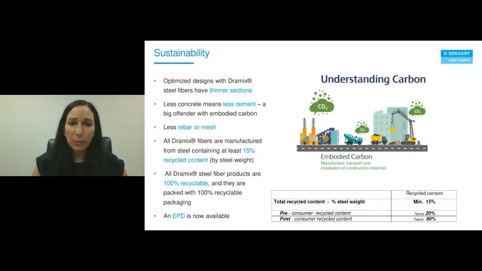All Dramix steel fibers are manufactured with at least 15% recycled content, and all Dramix steel fibers are 100% recyclable. We do also have an EPD, so should you have a project where you'd like to consider the impact of utilizing this towards a sustainability goal, just let me know and we can review that.